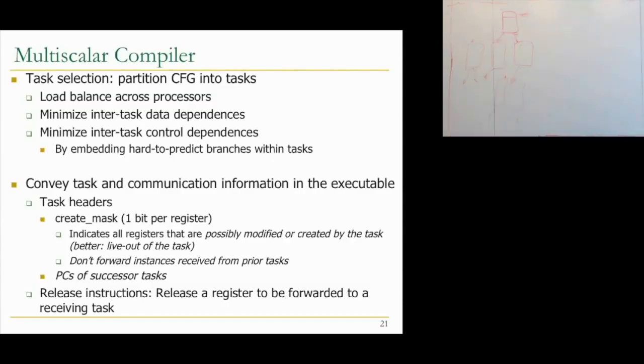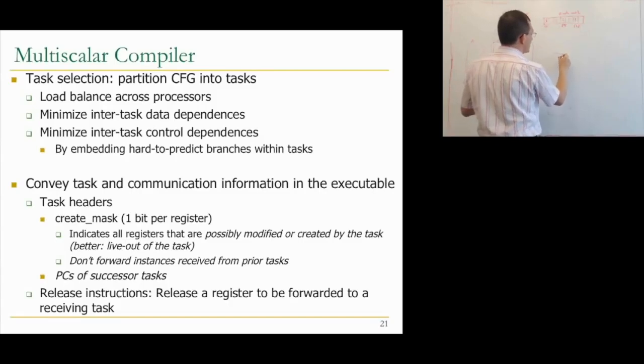These are live outs. And the purpose of this is, let's say this is your bit vector for the registers that are created, the create mask. Let's say this task is modifying register 0, register 5, and register 10. And this task is executing on a processor with this create mask.